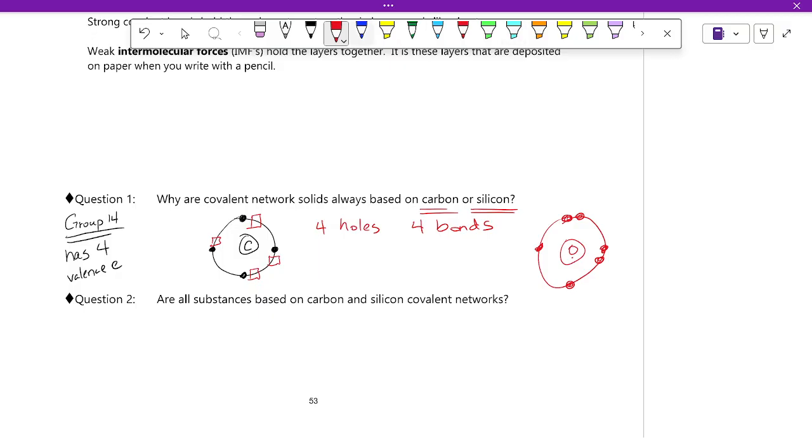It's only got 2 holes. Can you form much of a network when you can only bond on one side or the other side? Or can you just form a line? You can form a line, but you cannot form this 3-dimensional structure with things coming out in every direction. Okay? So it's the fact that they have 4 bonds.